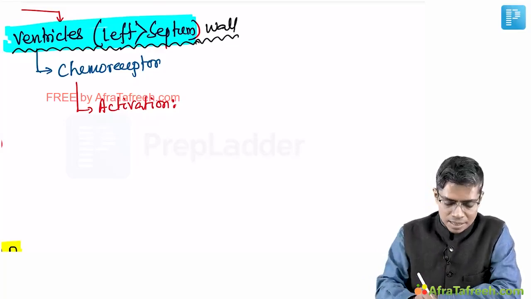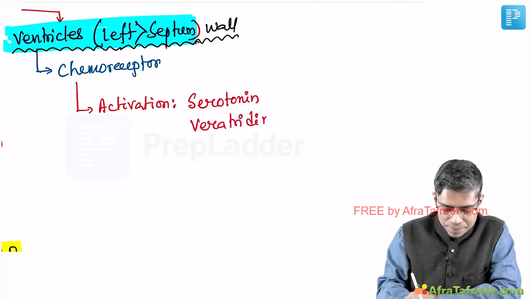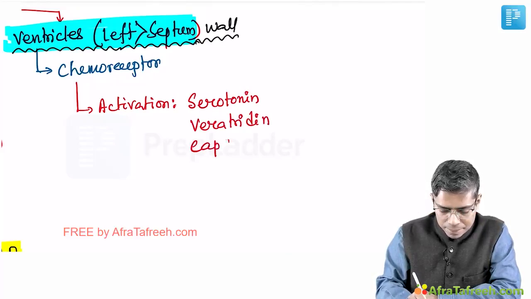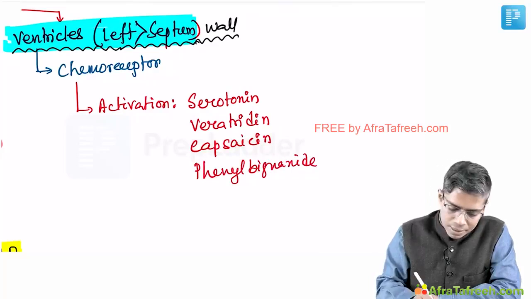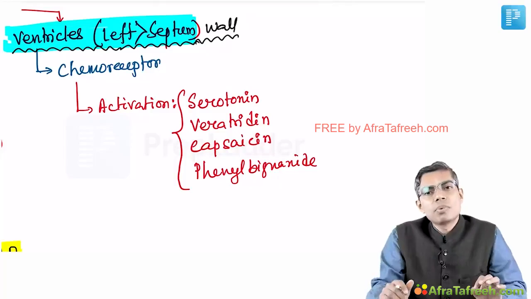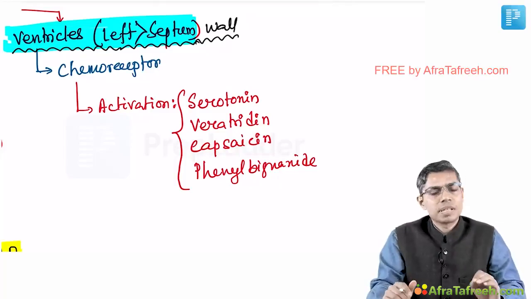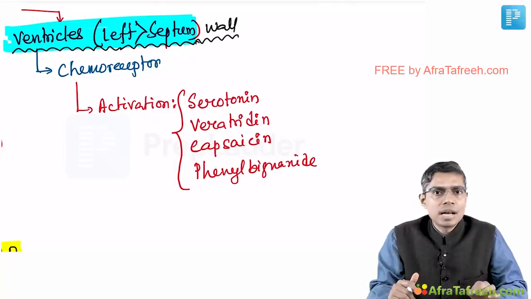So if certain chemicals, for example, very important, serotonin, veratridine, capsaicin, phenyl biguanide, if any of these chemicals is present at the level of the coronary arteries, particularly the left ventricular muscle wall, then what is going to happen?